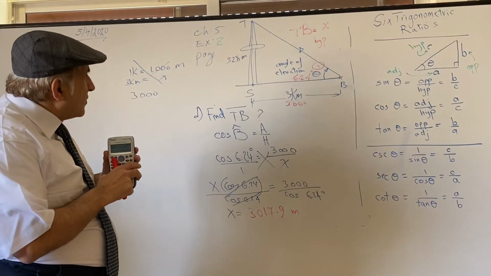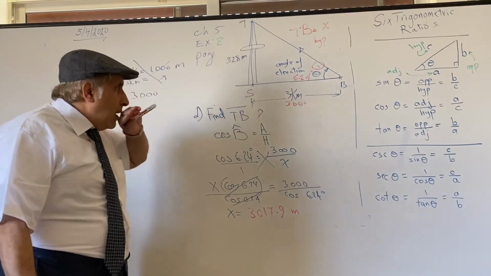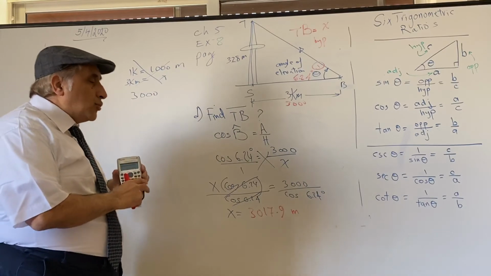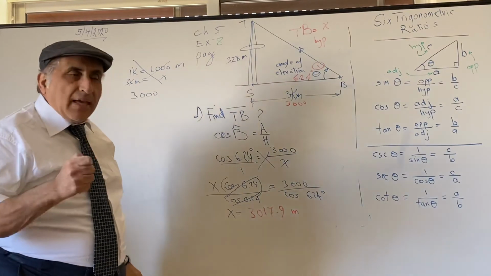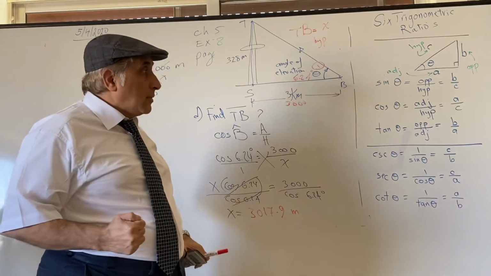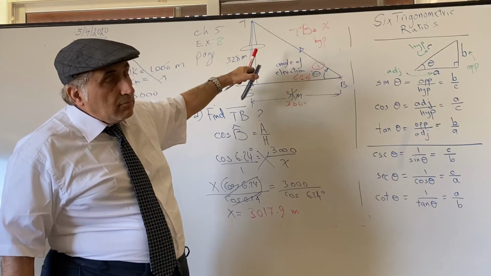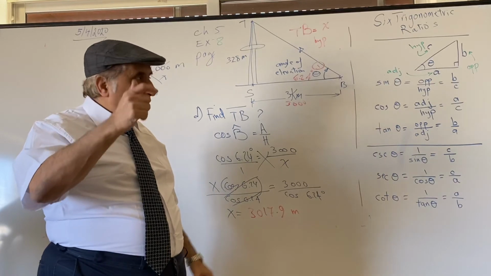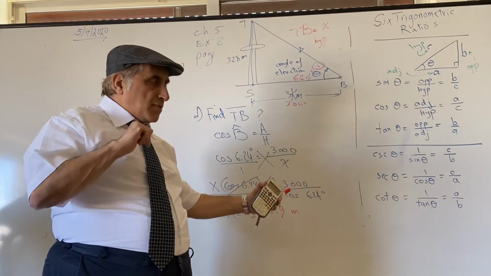I think in this chapter we covered the two most important aspects, the key. That's where you can stand. Whenever you have a right angle triangle, keep in mind all the time: Pythagoras, trig ratios. Pythagoras, trig ratios.